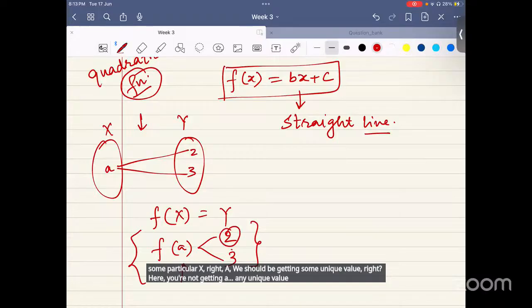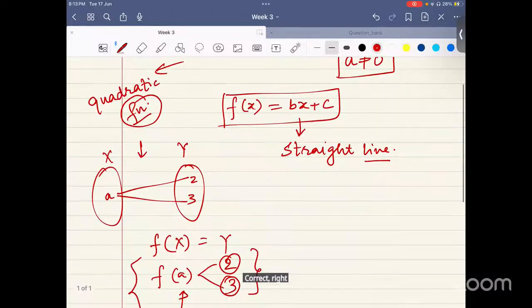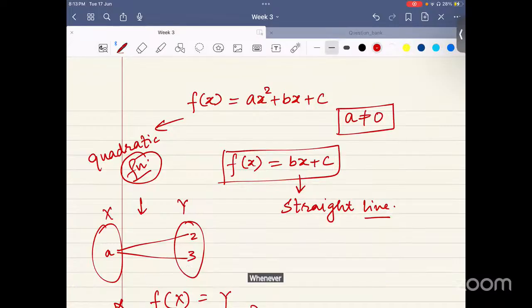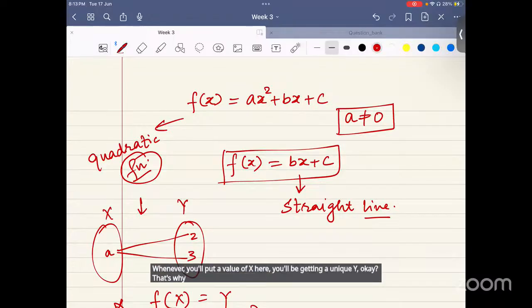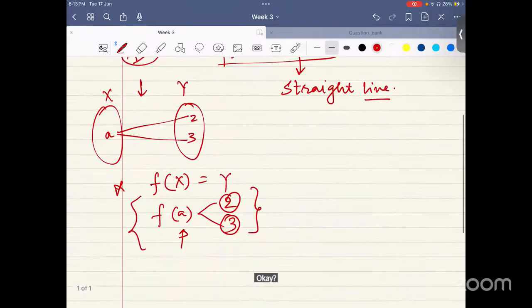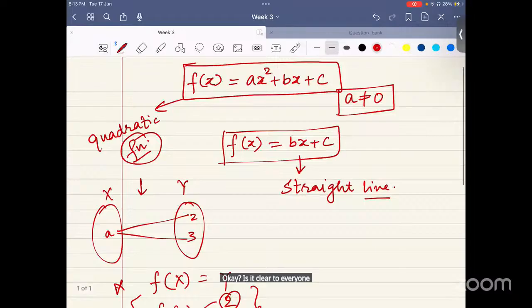You don't know whether you'll get 2 or 3, right? So that's why this is not a function. But here, whatever we have defined, ax square plus bx plus c, whenever we put a value of x here, we'll get a unique y. That's why this relation that has been given is a function. Is it clear to everyone? And how will you plot this? Okay, so we'll come to that.